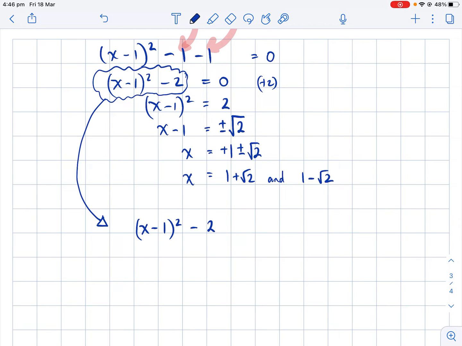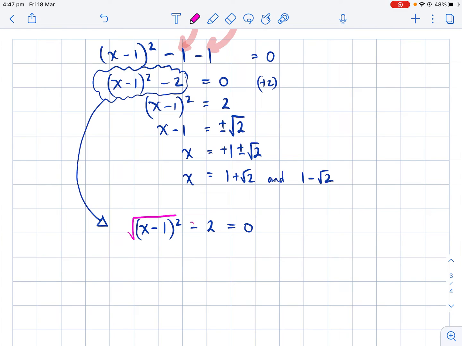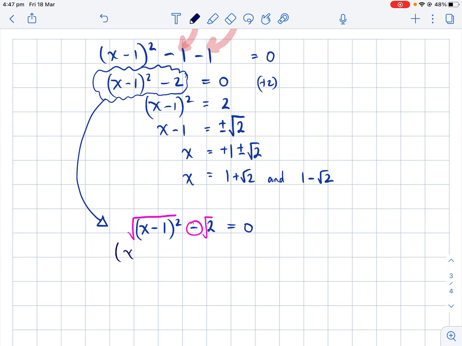Rather than just rearranging my equation equal to 0, if I finish factorising, this is the difference of 2 squares. All right. So when I factorise this, it becomes x minus 1 plus √2, x minus 1 minus root 2. See my previous video on difference of perfect squares factorisation if you're not quite sure what I did there. And that's equal to 0.